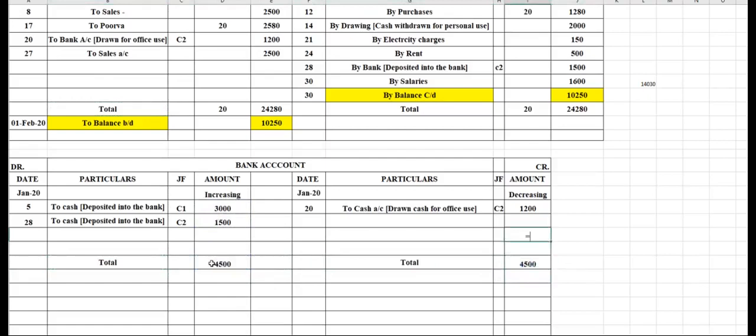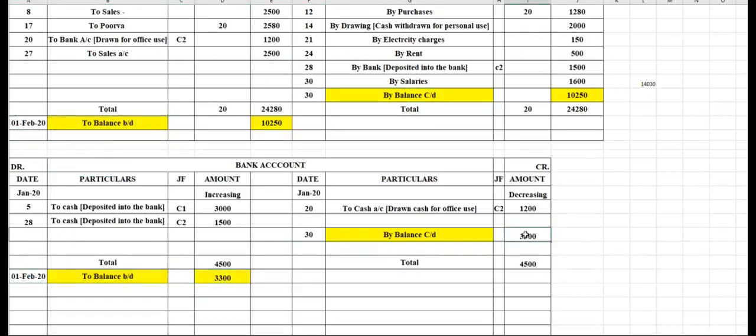And the difference, 4,500 minus 1,200, is 3,300, the balance carried down, and the same amount we need to bring down, 3,300, on February 1st, to balance brought down.